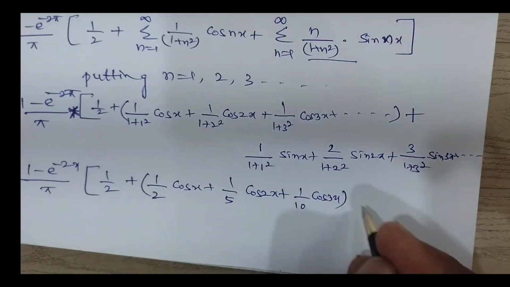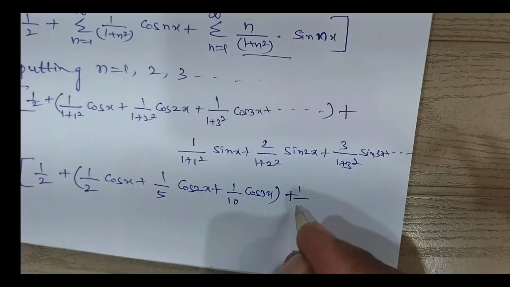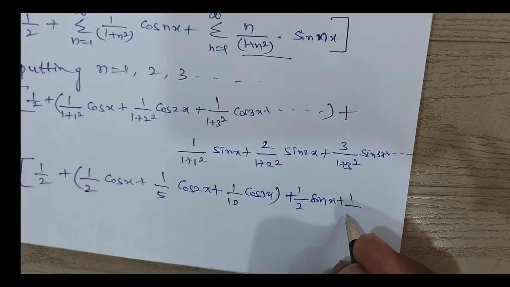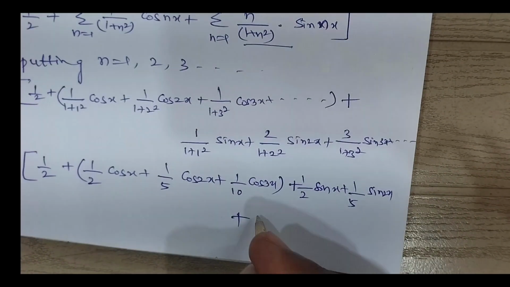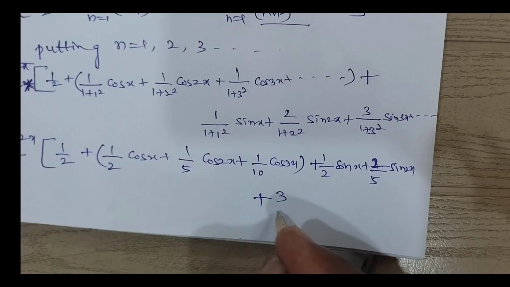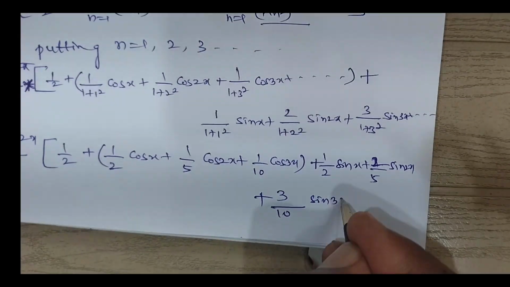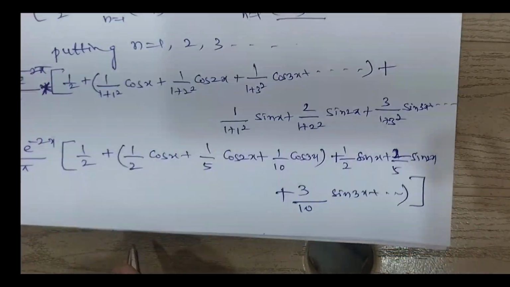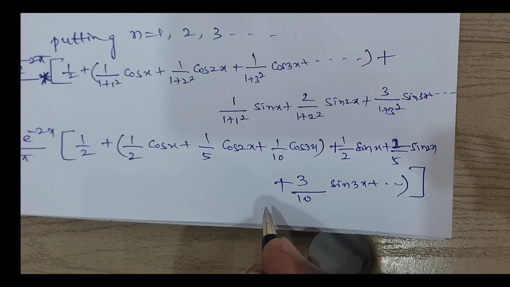This is the first expansion. Plus next, 1 by 2 into sin x plus 2 by 5 into sin 2x plus 3 by 10 into sin 3x, and so on. This is the Fourier series formula in the interval 0 to 2 pi. Thank you.